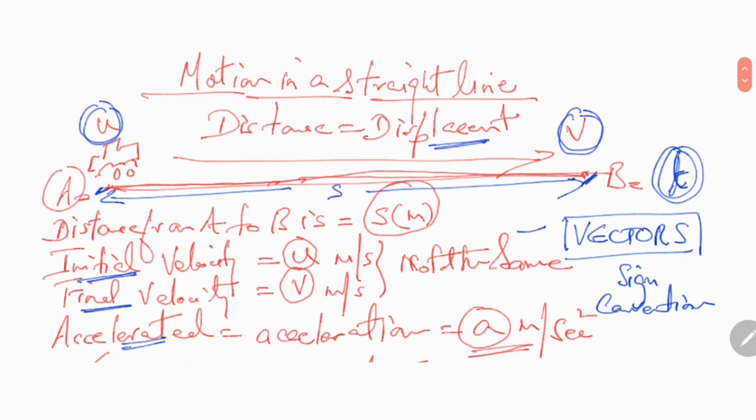What sign convention means is, in this current example, we assumed your car is traveling in this direction, so we took everything as positive.